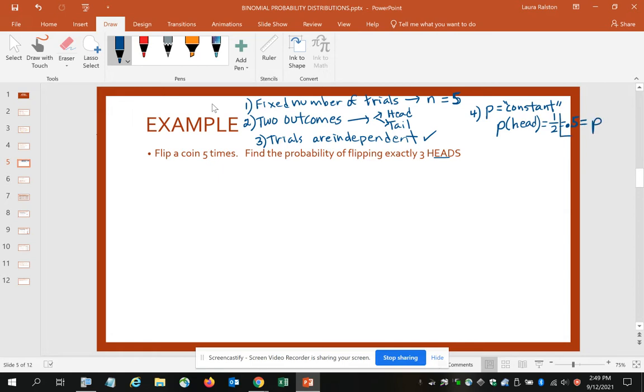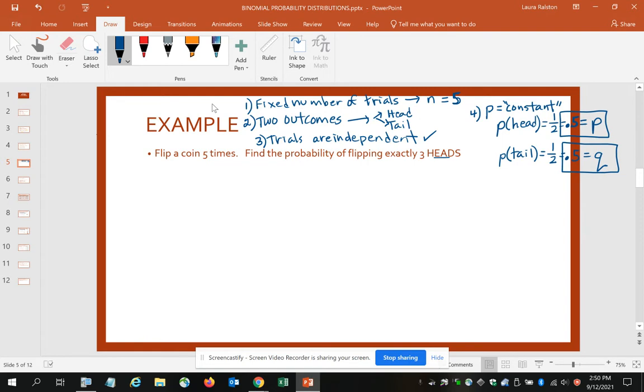So that would be my P. If I think about my failure, which would be that I flip a tail, well, flipping a tail is also 1 out of 2. Remembering that it has to total to 1. So in this case, Q, which is my probability of failure, is also 50%.